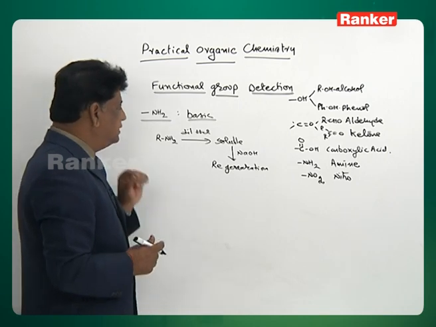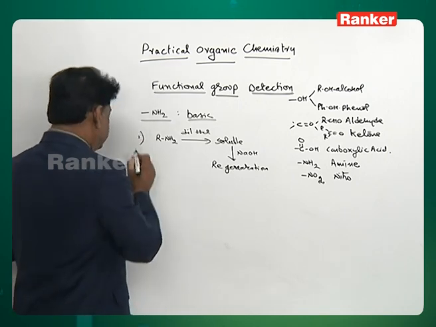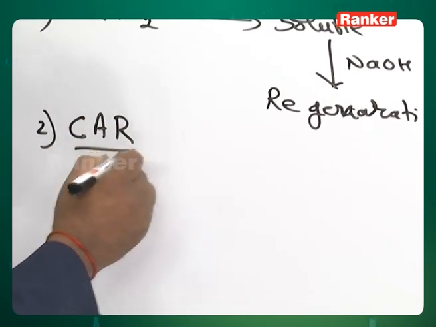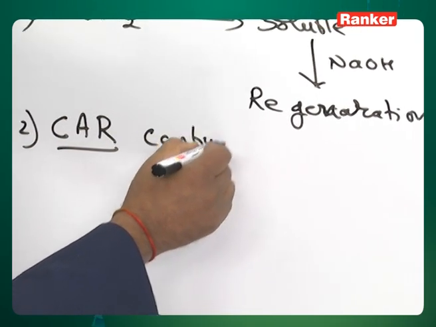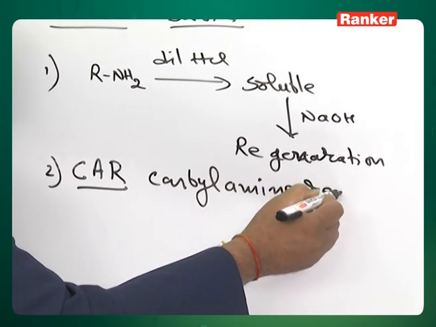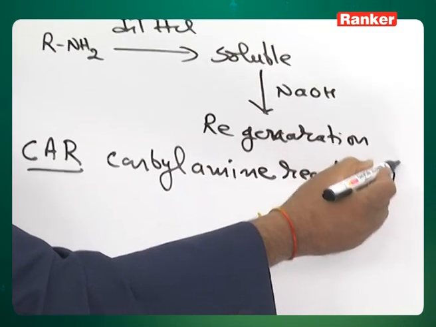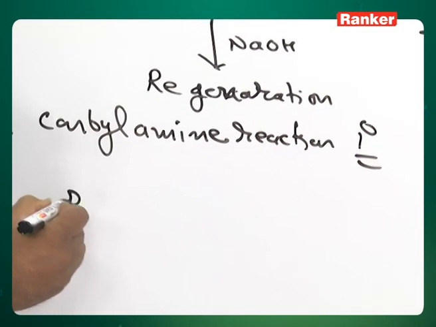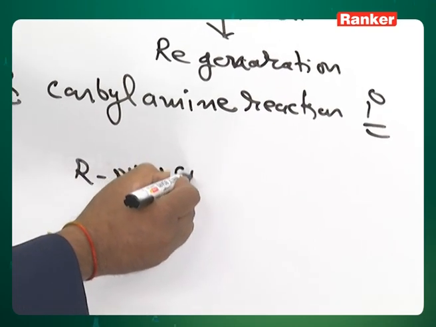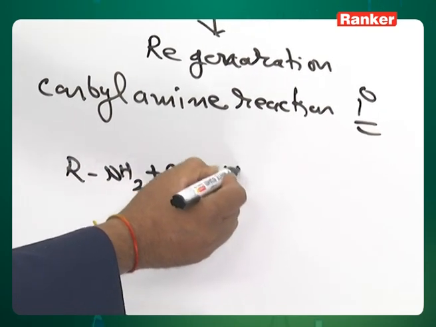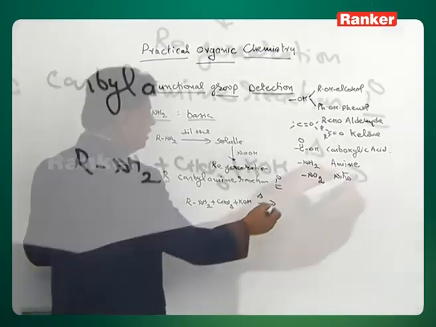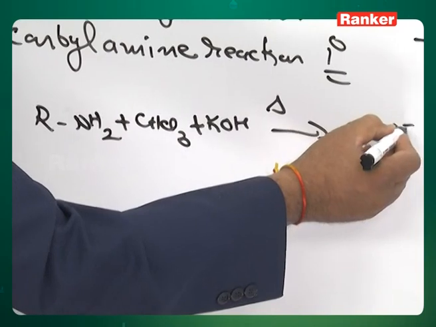However, amines give some characteristic reactions like the carbylamine reaction. But only 1 degree amines give this reaction. All aliphatic as well as aromatic 1 degree amines, when you add chloroform and KOH and boil for some time, are converted into RNC.